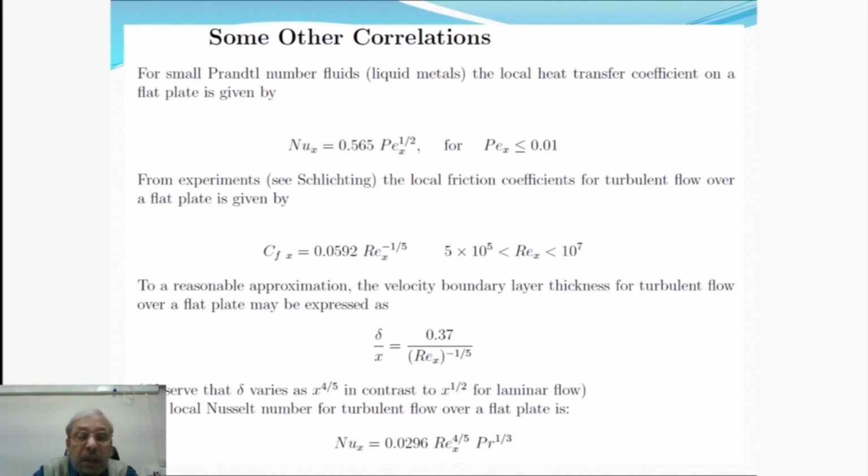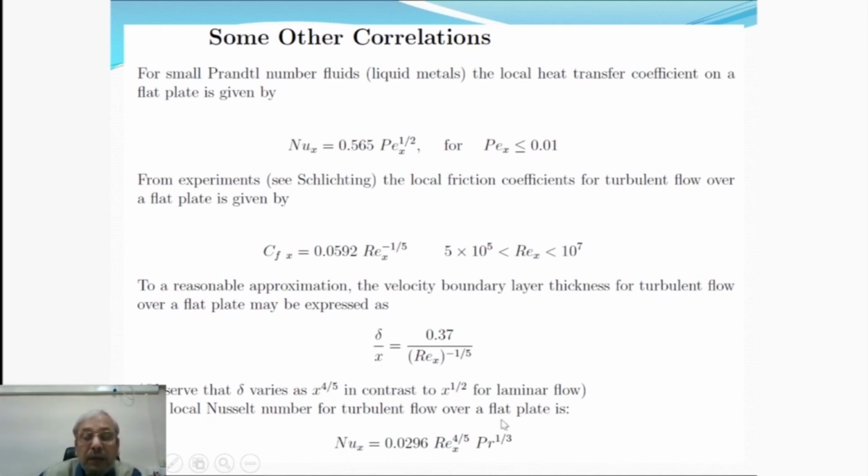The local Nusselt number for turbulent flow over a flat plate. We have discussed the cylinder, but for a flat plate it is Nux = 0.0296 Rex to the power 4/5 and Prandtl number to the power 1/3.